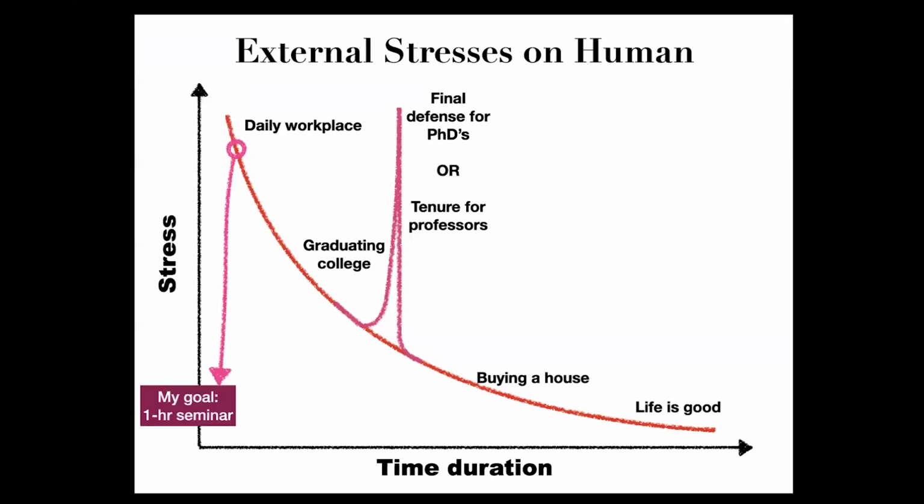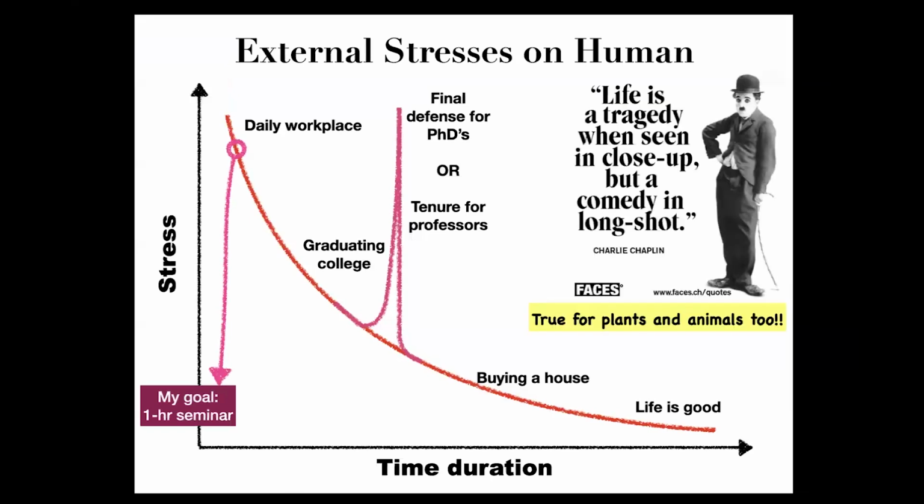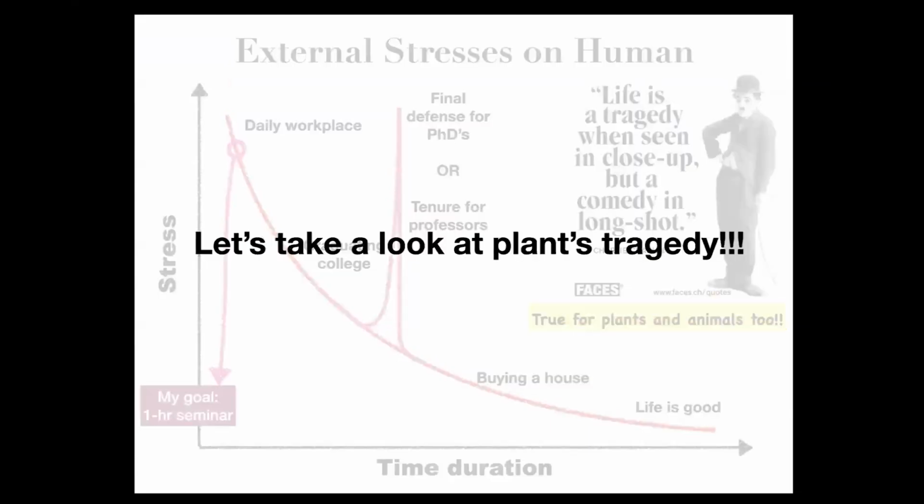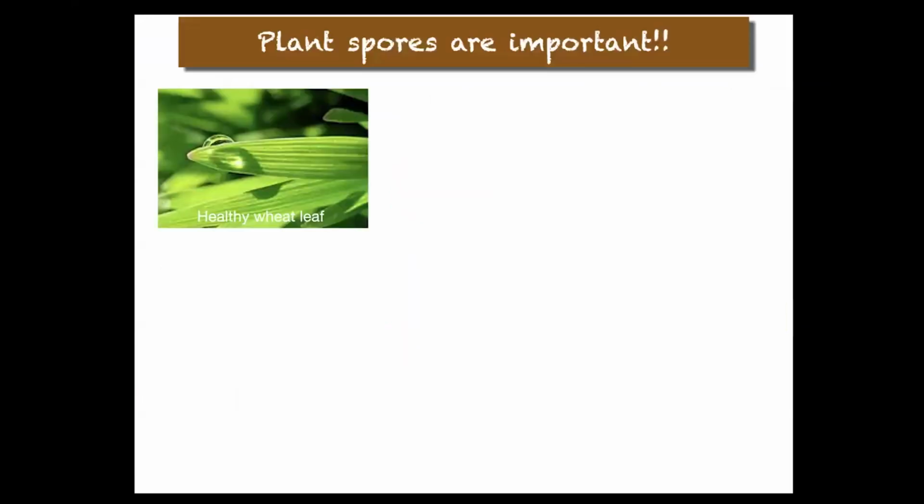So my goal is to reduce your stress as much as possible. Charlie Chaplin said life is a tragedy when seen in close-up, but a comedy in long shot. Same as a plant. So I will take a look at the plant tragedy, the raindrop impact on the plant.